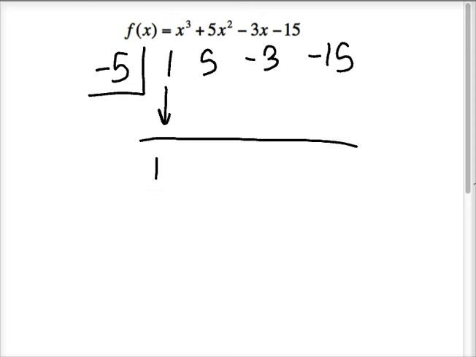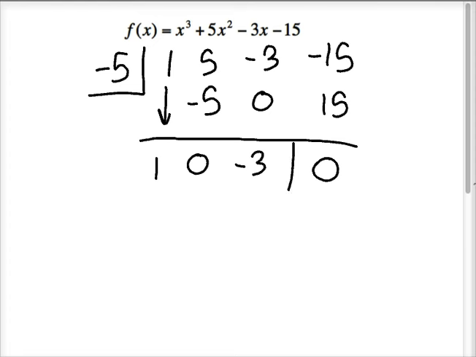Pull down the 1, multiply, add, multiply, add, multiply, add. And that's what I'm going to get. So I have a remainder of 0, constant of -3, no x's, but I do have an x squared. So that polynomial is going to be an x squared with a constant of -3.